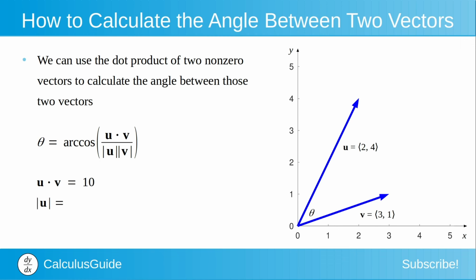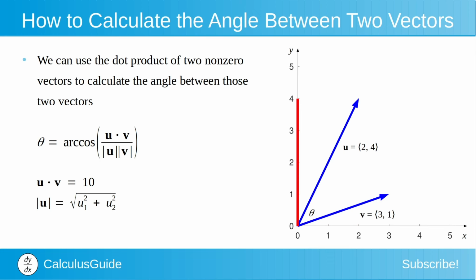Because this vector's initial point is at the origin, the point 0, 0, we can calculate its length in the following way. It's equal to the square root of u1 squared plus u2 squared. Here, u1 is the horizontal component of the vector u, which is equal to 2, and u2 is the vertical component of the vector u, which is equal to 4.